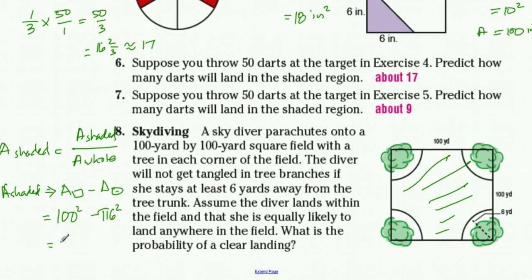So this is 100 times 100, which will give us 10,000, minus 6 squared times pi, or 36 times pi.